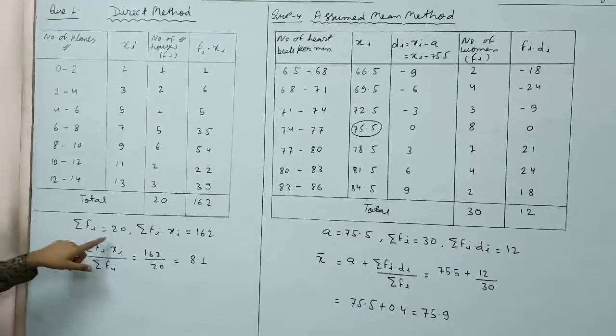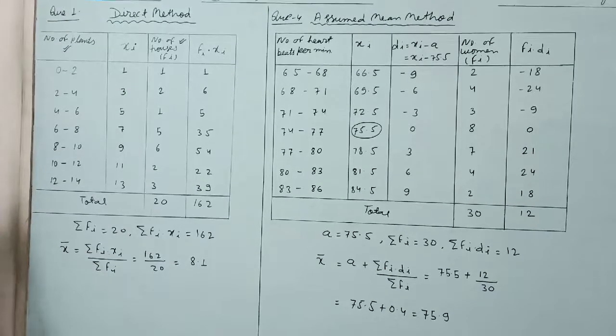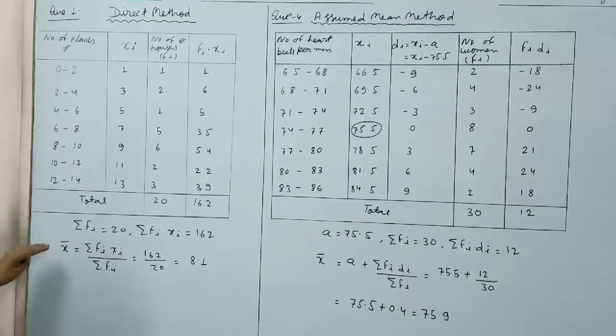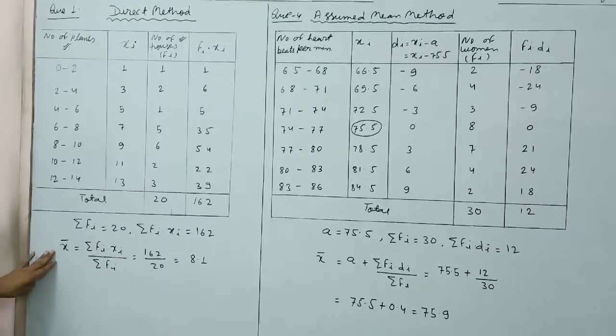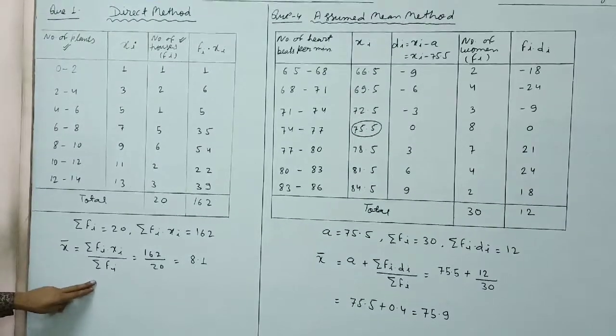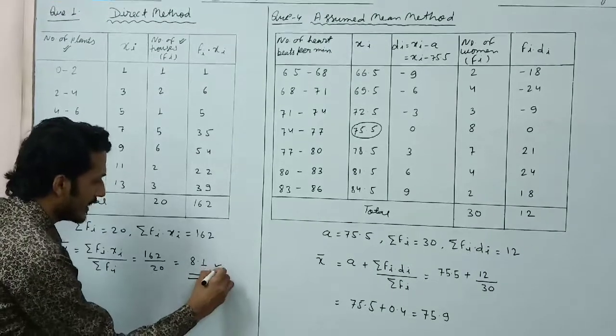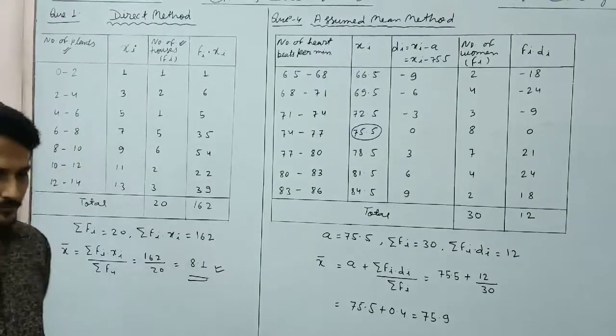So sigma fi is 20 and sigma fi xi is 162. Now using direct method, the formula for mean, which is represented by x bar, is sigma fi xi upon sigma fi. Put the values, so the required answer will be 8.1.